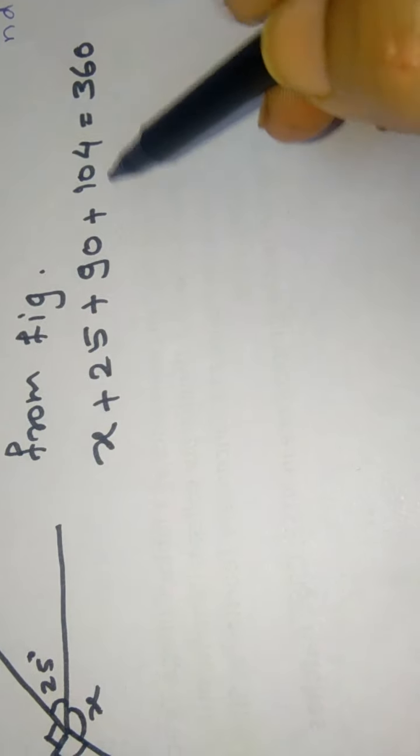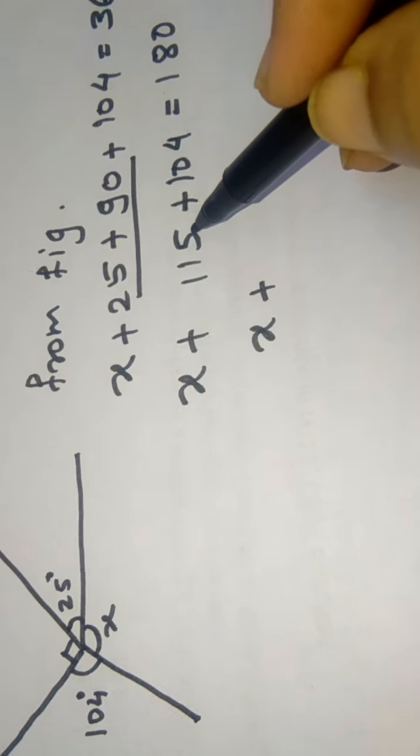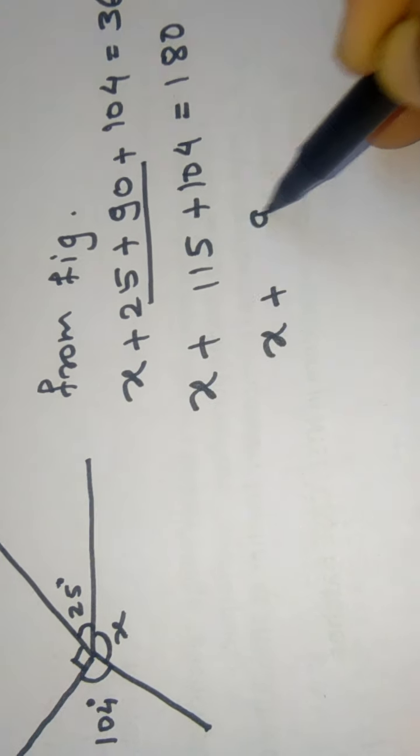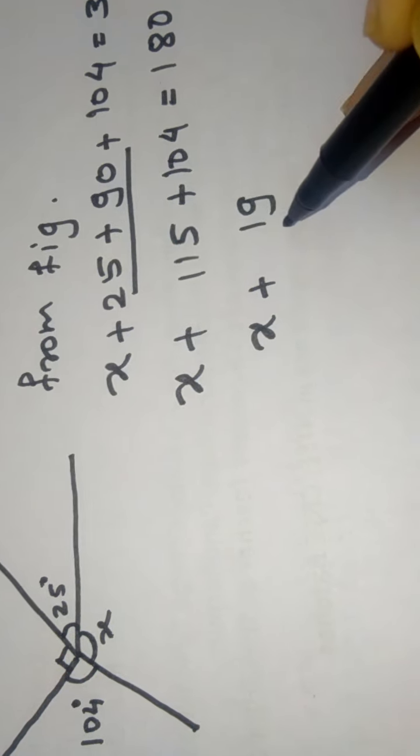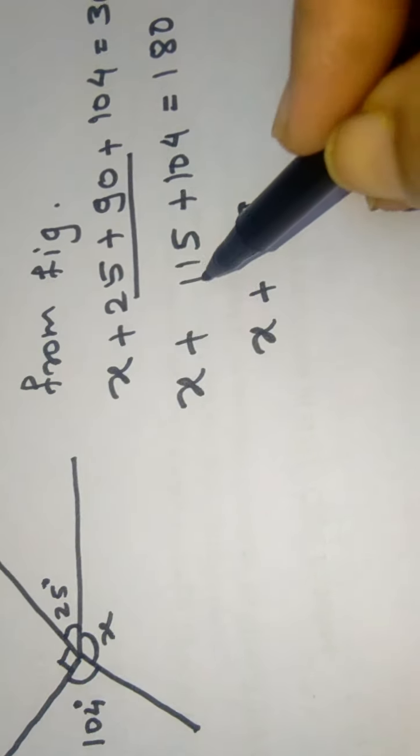Now do this addition: 25 plus 90, 5 plus 0, 5, 2 plus 9, 11, plus 104 is equal to 180.